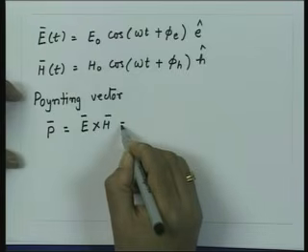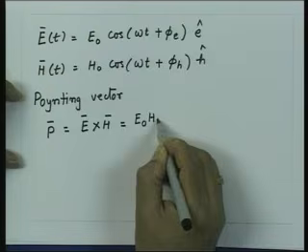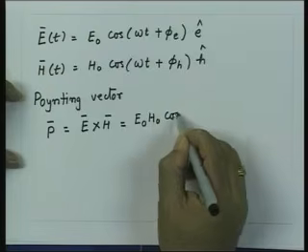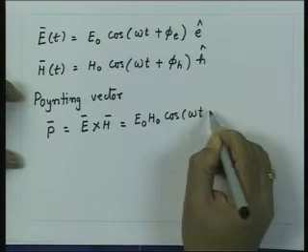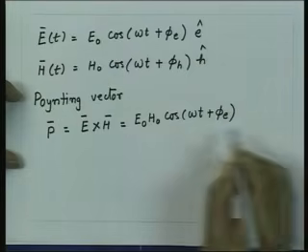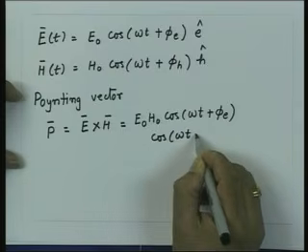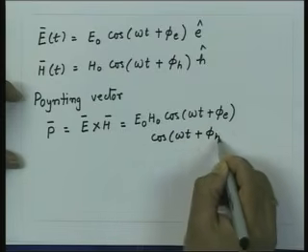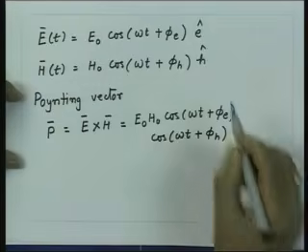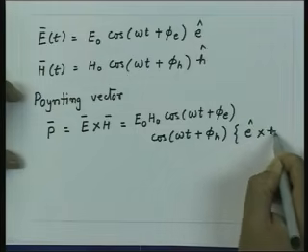That is equal to E 0 H 0 cos of omega t plus phi e multiplied by cos of omega t plus phi h multiplied by E cross h.